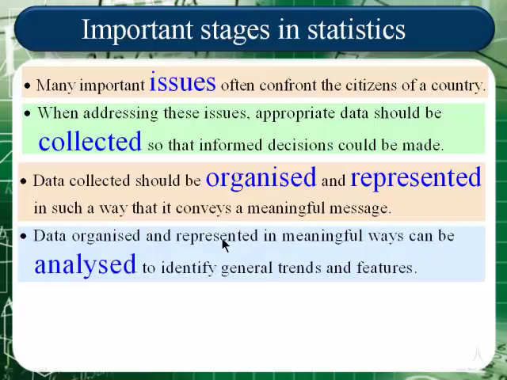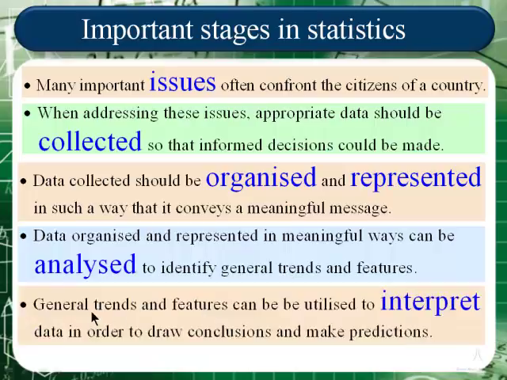Data organized and represented in meaningful ways can then be analyzed to identify general trends and features. General trends and features in turn can be utilized to interpret data in order to draw conclusions and make predictions.